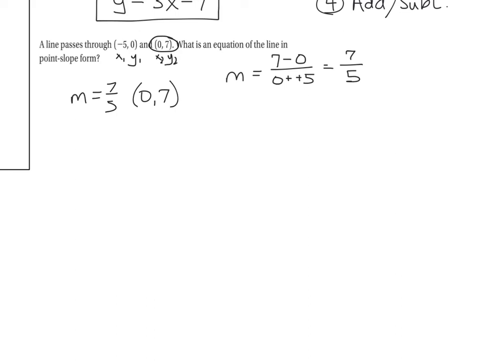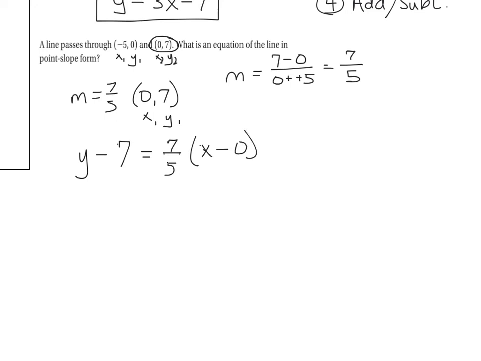This is x1 and y1 when I'm plugging into point slope form. So y minus y1, which is 7, equals the slope, 7/5, times x minus x1, which happens to be 0.